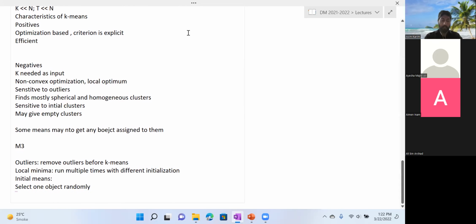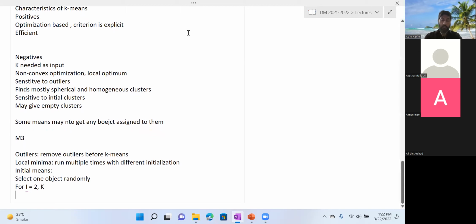And then for, let's say, i equal to 2 to k, where k is the total number of clusters that you want. One cluster you have already found. Then you find the object that is furthest from the current set of means.